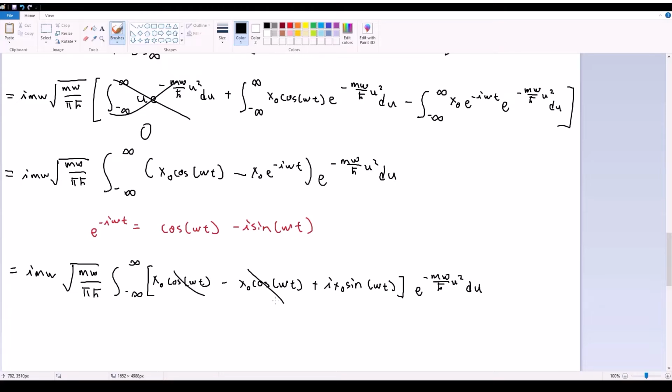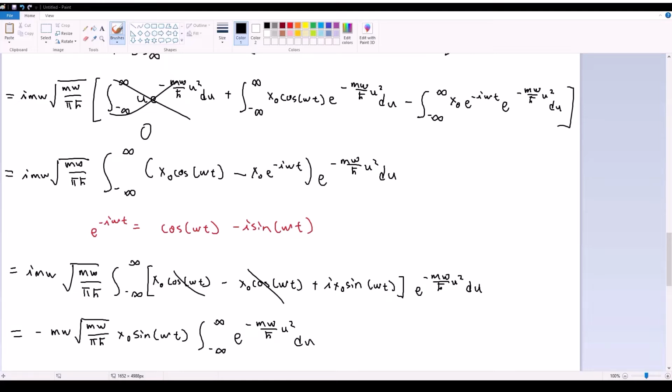So the two cosines cancel out to 0, and we're left with negative m omega root m omega over pi h bar times x naught sine of omega t times the integral from negative infinity to infinity of e to the negative m omega over h bar u squared du. Once again, we have the exact same Gaussian integral that we had from earlier on.